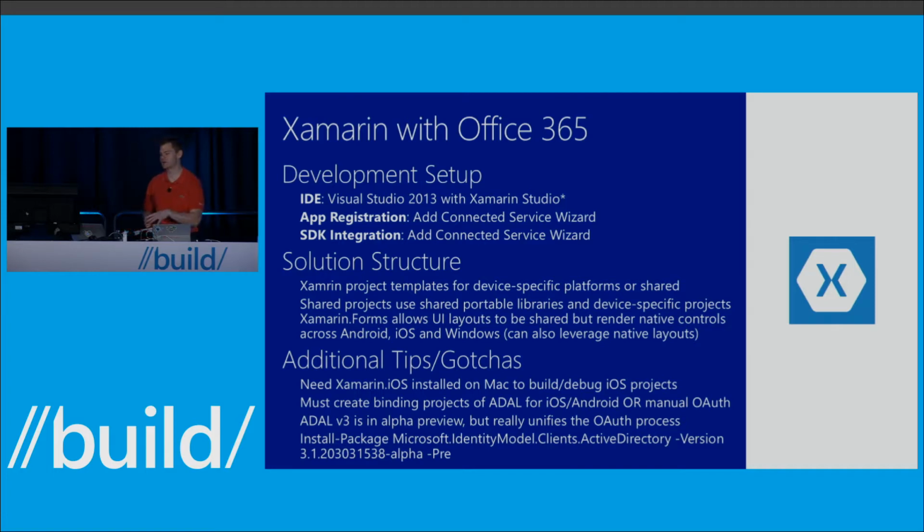And this is exactly what it looks like when you're in a shared project in Xamarin. I can have platform-specific code. It's going to have basically an app for Windows Phone, an app for iOS, and an app for Android. I can put app-specific code in those, but I also can reuse a lot of code in a shared project.